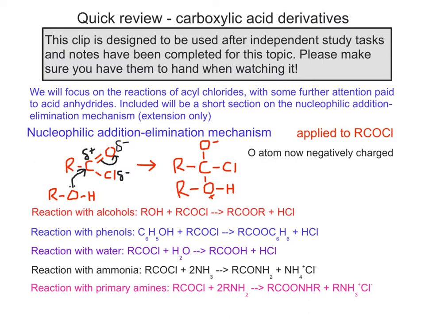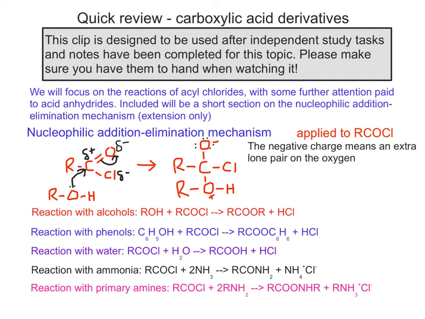The oxygen atom that was on the carbonyl group, as in the C double bond O group, is now negatively charged. At the same time, the oxygen on the alcohol, the OH, has one extra bond, so it now becomes positively charged. That negative charge on the oxygen means an extra lone pair that wasn't there before.